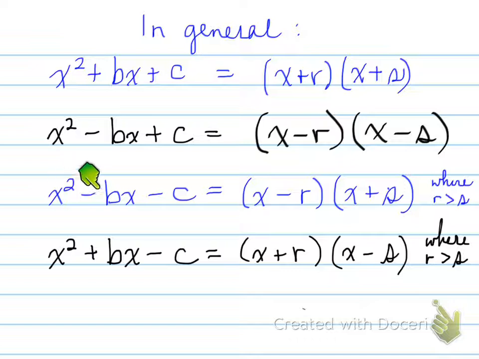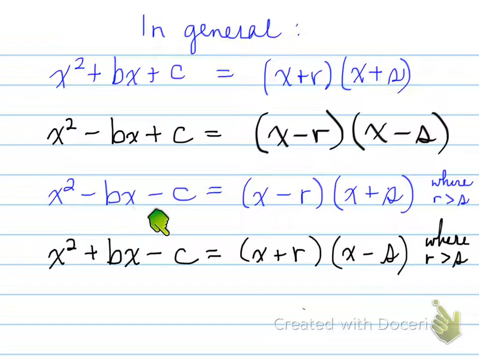Next, if you have a product that's negative and a sum that's negative, it means that the bigger number is going to get the negative. That's what this r greater than s means, that the r is bigger. So the r is going to have the negative because the sum is negative. And then the smaller number will be positive.